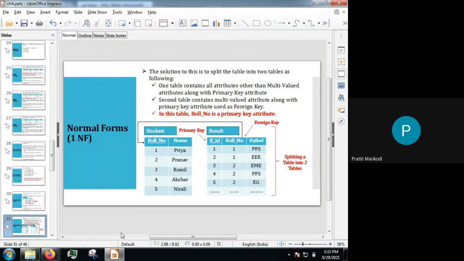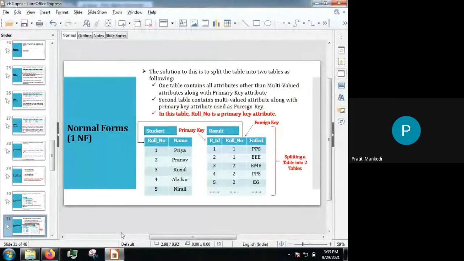That same thing, HOD and student. I need to split in such a way that I get all the information but not stored at one place. So here I'm only storing the student information, and there I'm storing the result information. Is it clear?